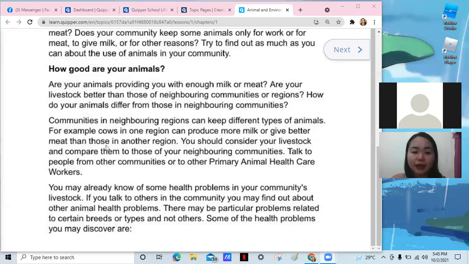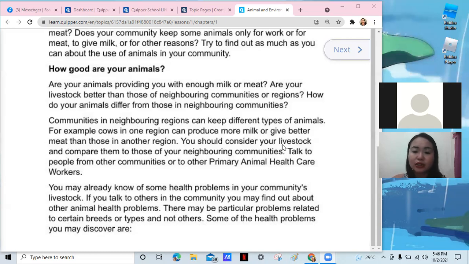So you want to compare, just like plantitas and plantitos. Communities or neighboring regions also keep different types of animals. So for example, you have a cow in one region that is better in terms of meat and milk production.